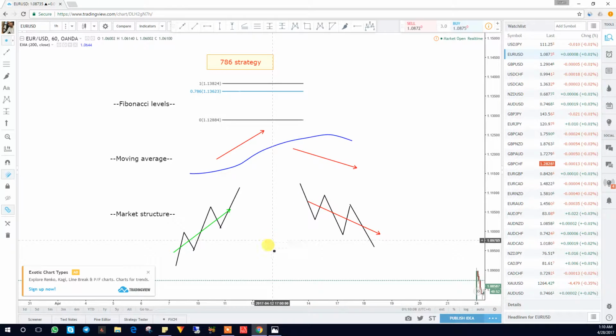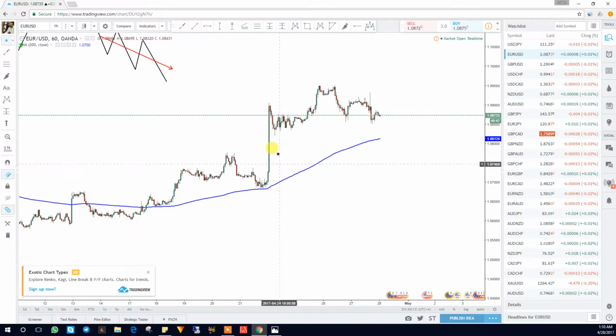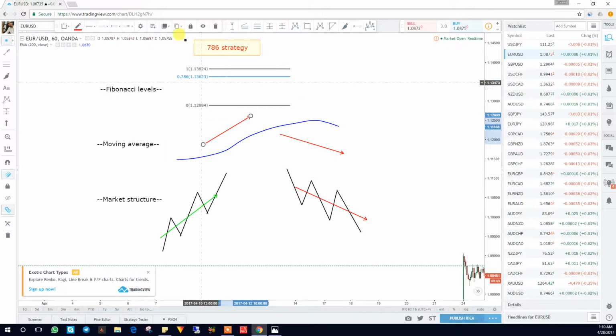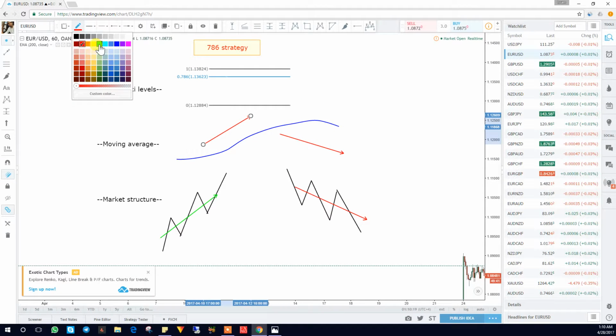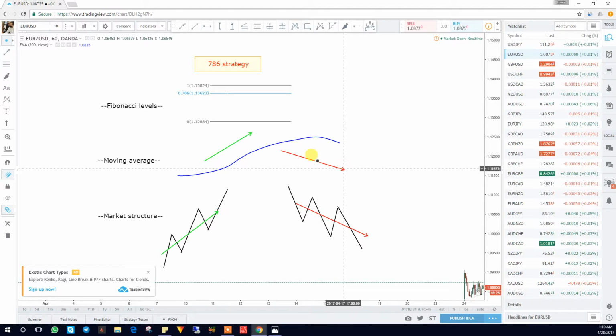Okay, so after that, you will see it in the chart. This is my moving average. So how to use it? If the price is above, I'll change this color to green. If the price is hanging around above this moving average, we'll say that the price is going up, or in uptrend. If the price is going down, we will say that the price is in downtrend.